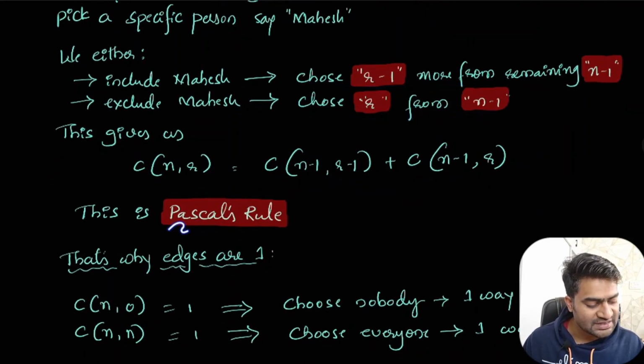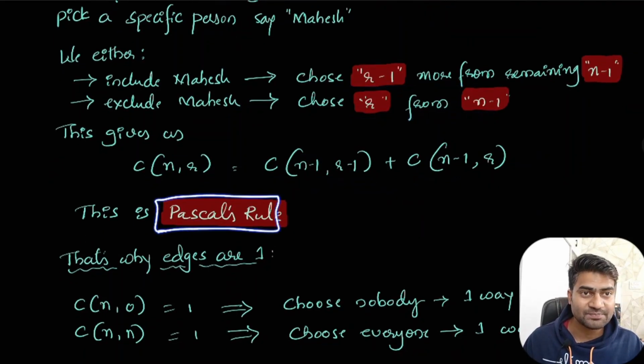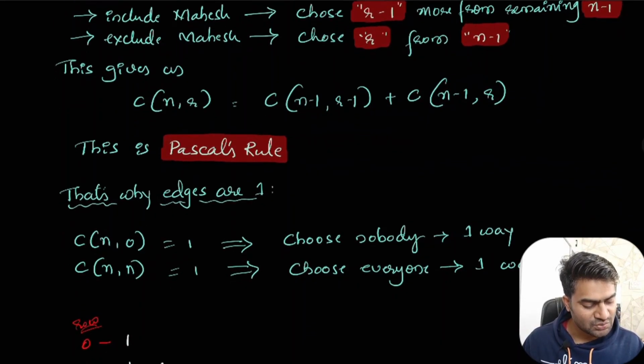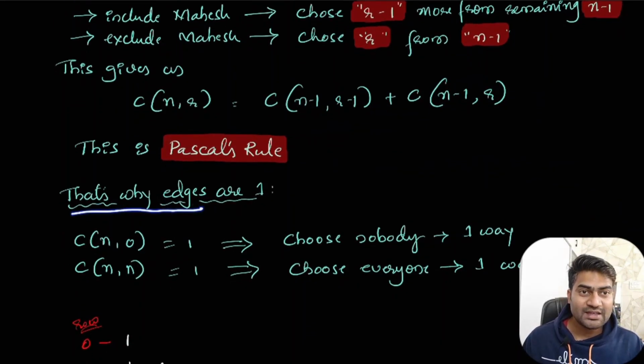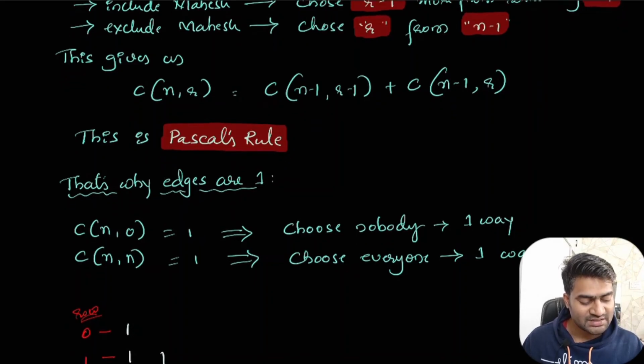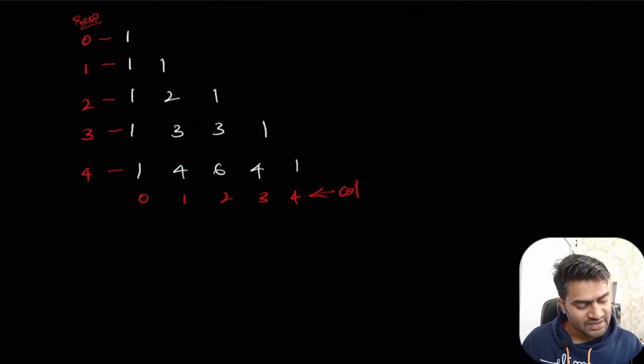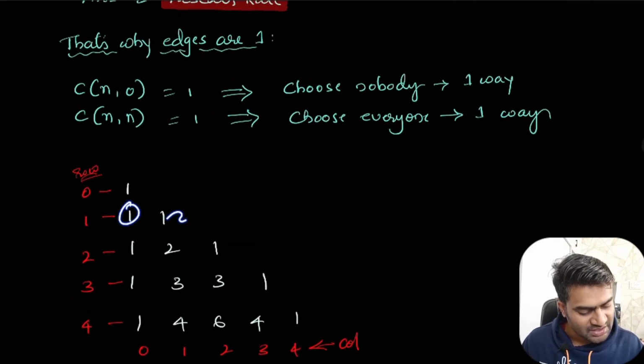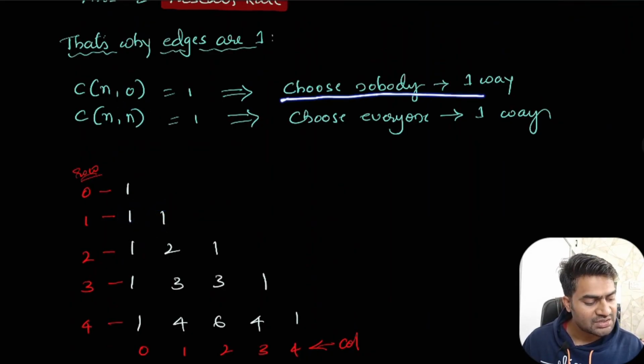So this is basically our Pascal's rule. This is what the Pascal rule states. Why are the edges 1? Because in the example the edges are always ones. You can choose nobody in one way.